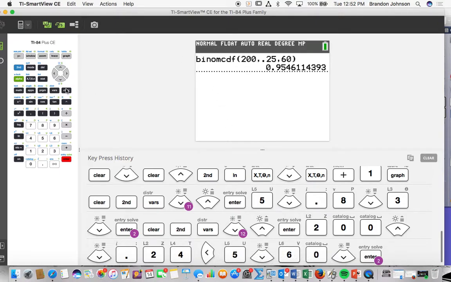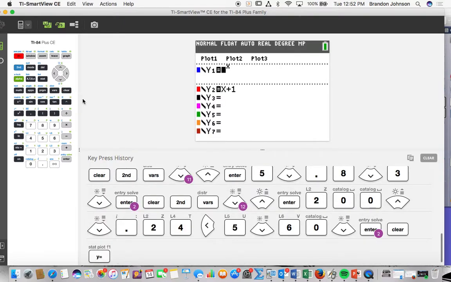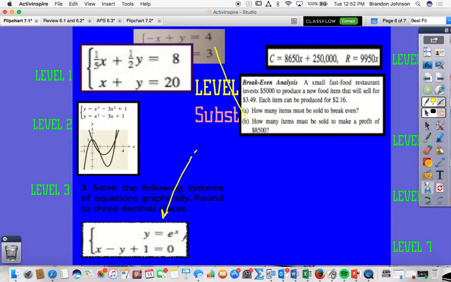So for the first one, get this statistic stuff out. You'll notice that e to the x would be my first specific value because it's y equals. Now, the second one, y is not isolated. Well, we can do that by adding y to both sides and saying that x plus 1 equals y.